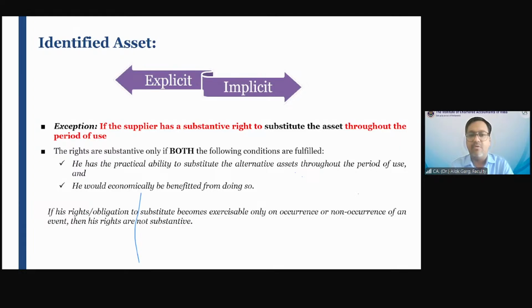No, answer is no. Even though this 2000 square feet was captured in the contract explicitly, but lessor has a substantive right to substitute the asset, this will no more be an identified asset, and hence it will not be covered under Ind AS 116 leases. Why? Because it is not meeting the definition of a lease. You remember there was one leg which is identified asset. It is not meeting the definition of a lease, and hence it is not meeting the definition of a lease contract, and hence it is out of the scope of Ind AS 116.